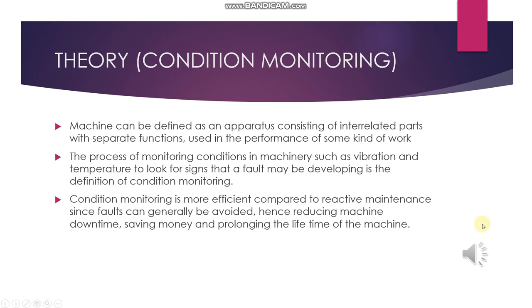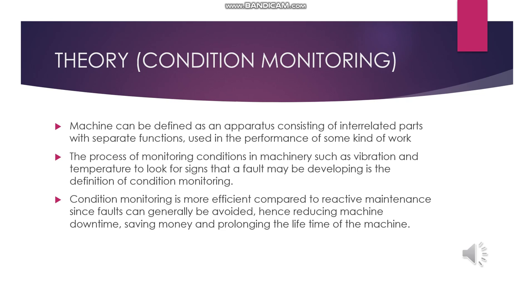For the next slide, it is about theory of condition monitoring. Okay, a machine can be defined as an apparatus consisting of interrelated parts with separate functions, such as turbines, generators, pumps, motors, and compressors.